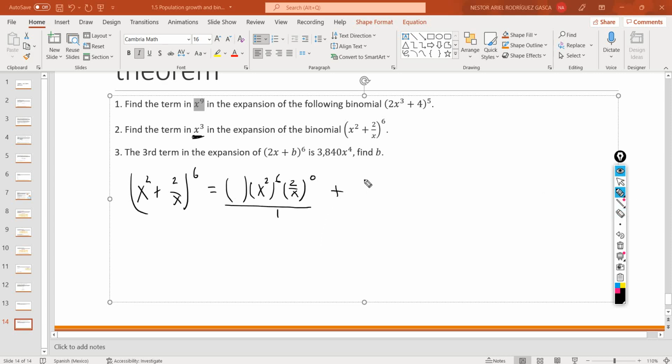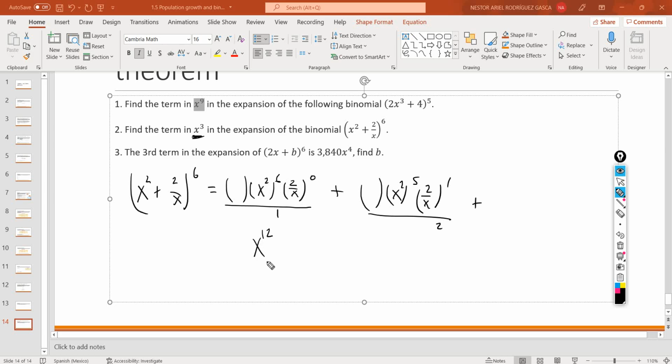Plus then the binomial coefficient 6 choose 1, but we don't care about that for the moment because it's just a constant in the end. And then the first number to the 5th, and the second number to the 1, and so on. And realize the following. When you raise x squared to the 6th, you will get x to the 12th.